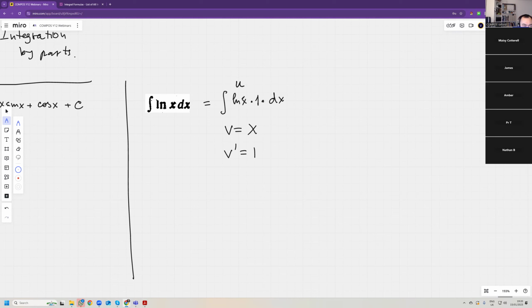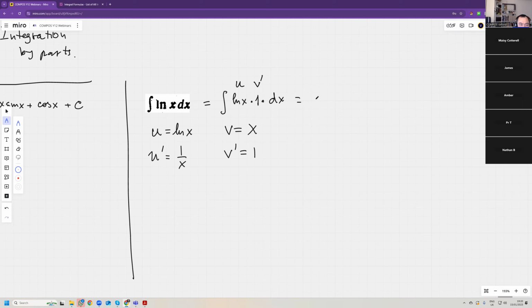So this is u, this is v dash. So u is logarithm x and u dash is 1 over x. And that's what we use.